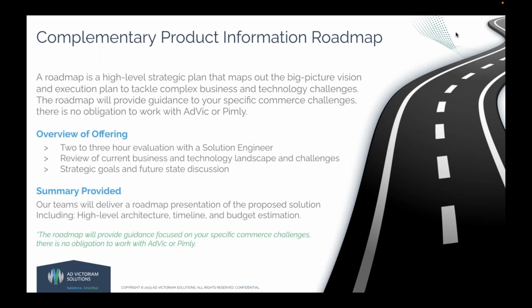This would be a 2 to 3 hour evaluation with a solution engineer on the Ad Victoriam side, a review of your current business and technology landscape and challenges, and an overview of strategic goals and future state discussion. So after that, our team would deliver a roadmap presentation of the proposed solution, and that would include a high-level architecture of the solution, timeline, and budget estimation as well. So pretty exciting stuff.